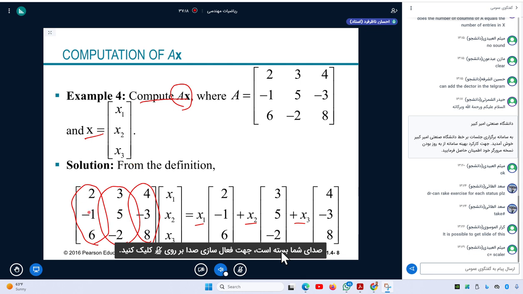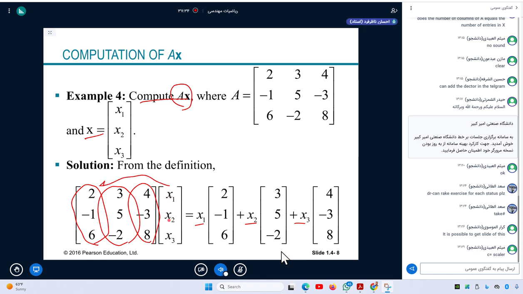If we multiply A by this vector x, it means multiplying the first column by this scalar, the second column by the second scalar, and the third column by the third scalar. So x1 times the first column, x2 times the second column, and x3 times the third column.